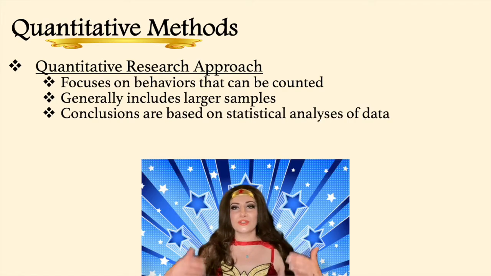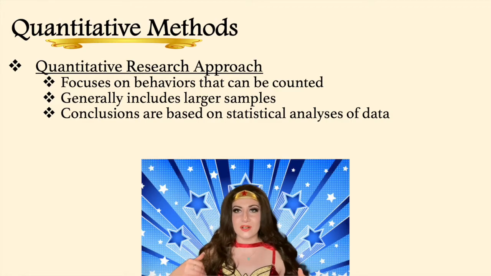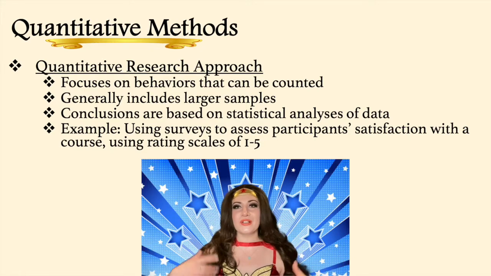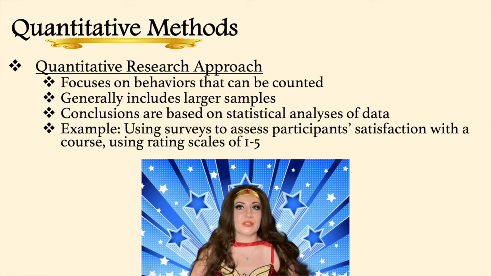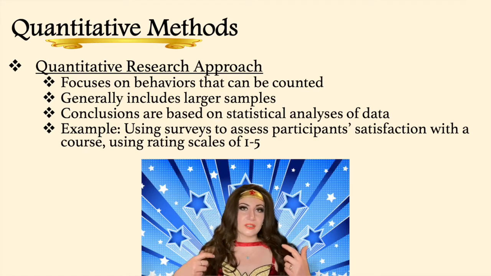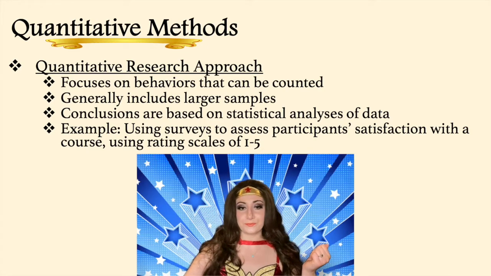So the conclusions that we draw are based on our statistical analyses of these data. For example, using a survey to assess participant satisfaction with a particular course using a rating scale of 1 to 5. 1 to 5 are numeric anchors, so therefore it gives us a quantitative approach.